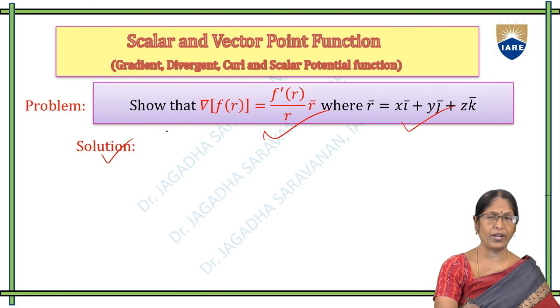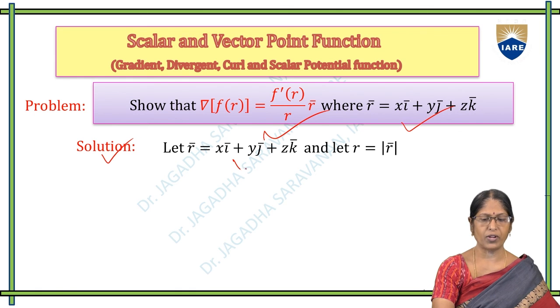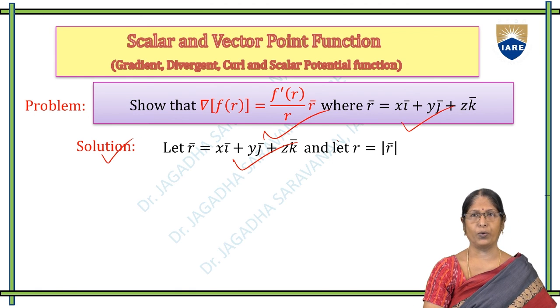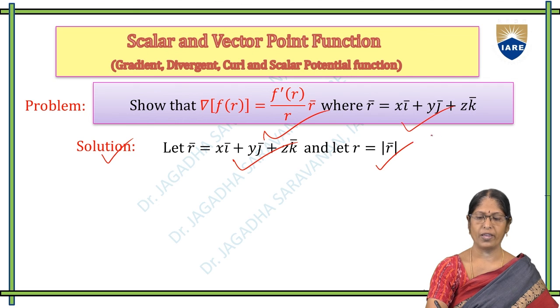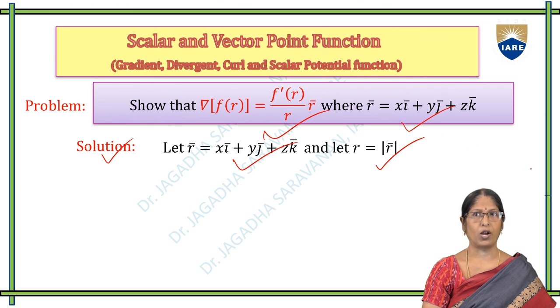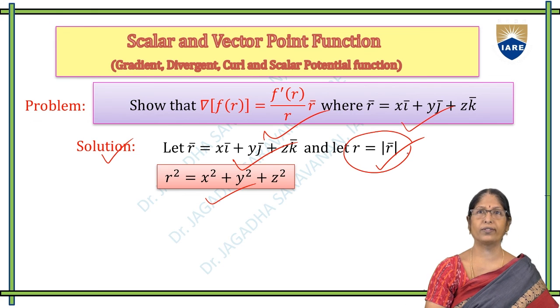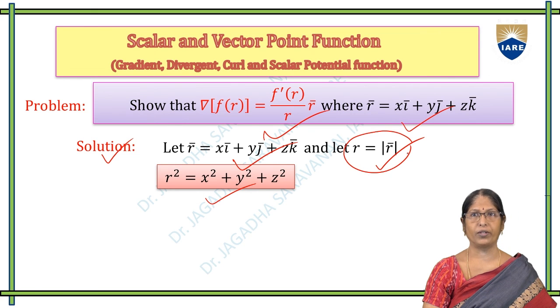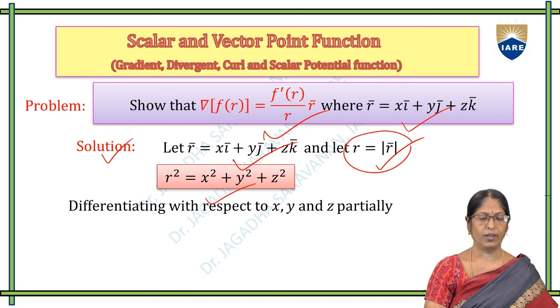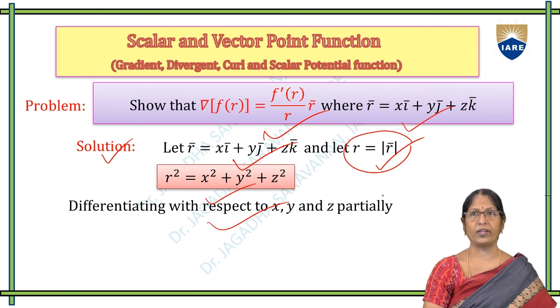So the solution is, let r vector equal xi plus yj plus zk, and let r equal the modulus of r vector. Here the modulus, if you are noticing, r squared equals x squared plus y squared plus z squared, thus differentiating with respect to x, y and z partially.